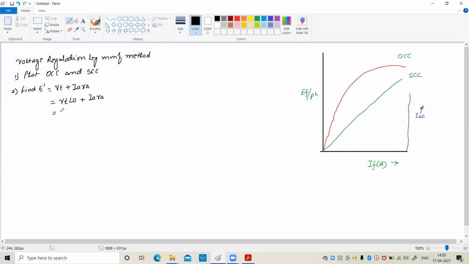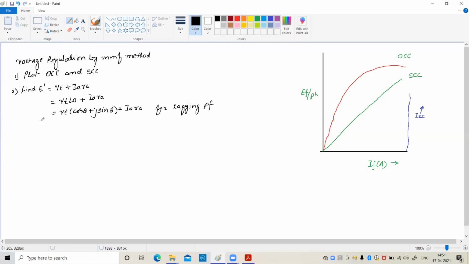So I can write it as VT cos theta plus j sin theta plus IA RA for lagging power factor. So lagging power factor, voltage as a reference, it is +1. If the current is leading, it is -1.